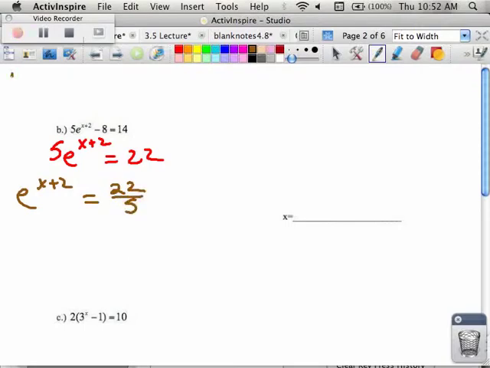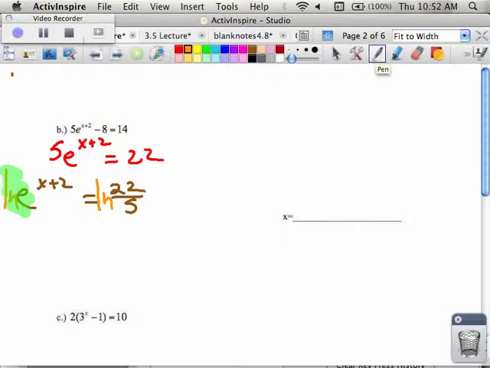Yuck, I have an e, so I should natural log both sides. The natural log and the e cancel out. They're gone because they're inverses of each other.